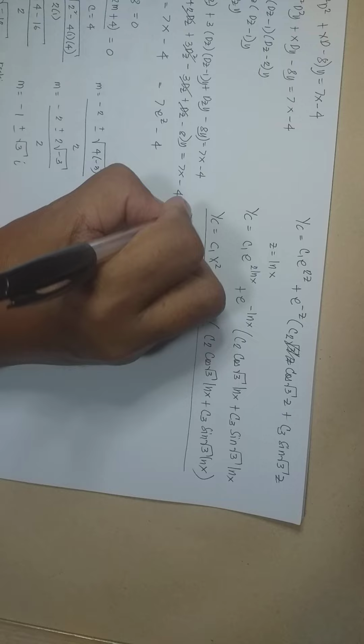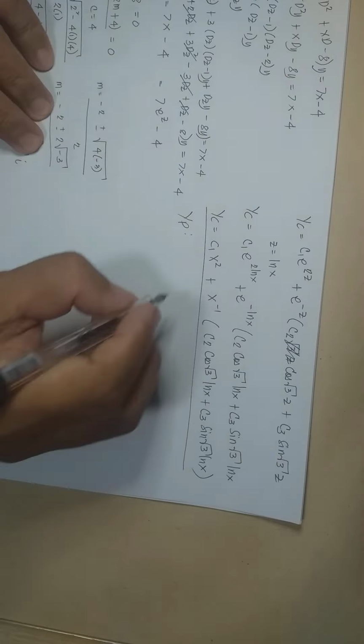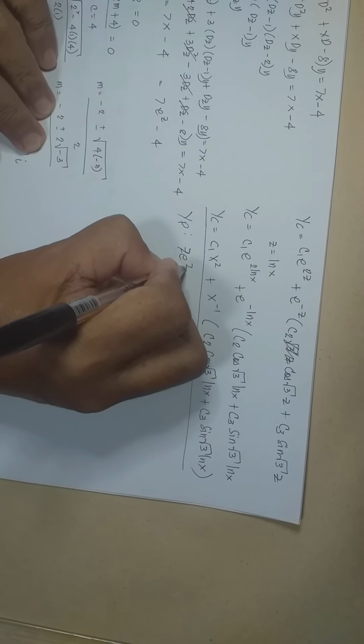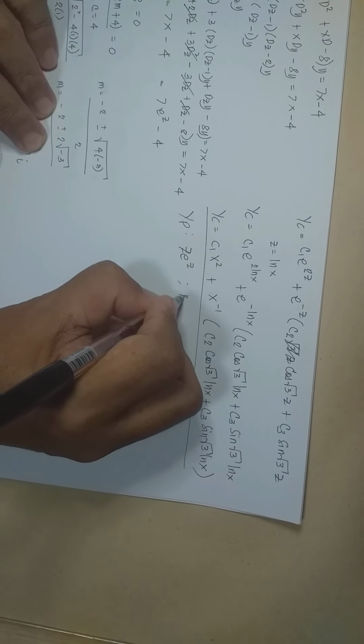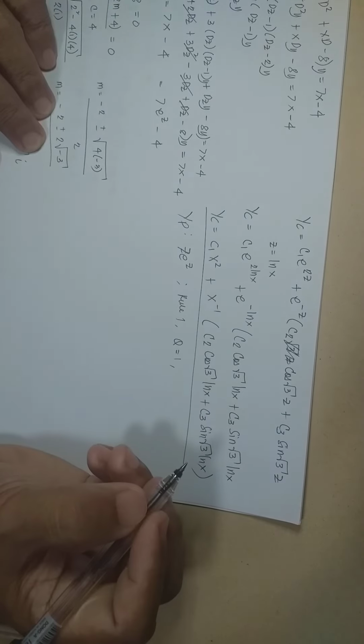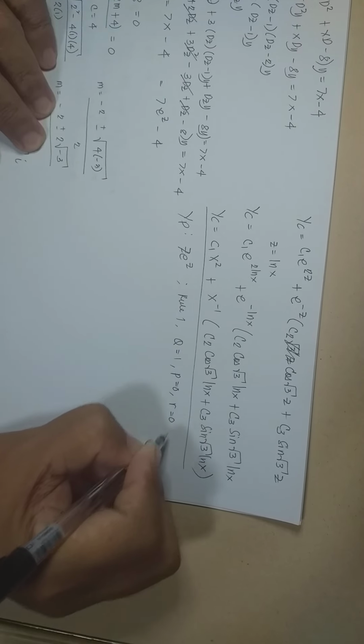Now for yp, we have to use the method of undetermined coefficients from our previous module, module number 3. Ito yung gagamitin natin, for 7 e to the z, we have to use rule number 1. Your q is 1, your p is 0, and your r is 0.